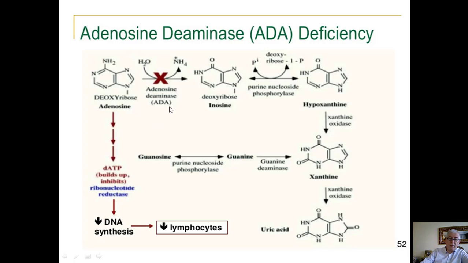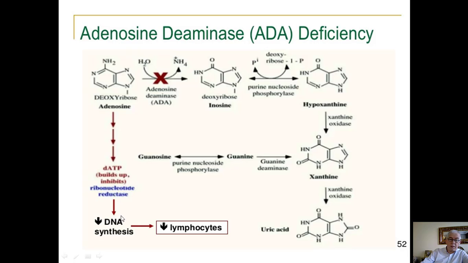But if you block adenosine deaminase, deoxyadenosine or adenosine levels increase in the cell, and this molecule goes step by step to deoxy-ATP. Deoxy-ATP is a very important inhibitor of the ribonucleotide reductase enzyme. It is one of the key enzymes for DNA metabolism, because this enzyme takes the phosphate form of a nucleotide and turns it to the deoxy form, and then to the deoxytriphosphate group as substrate for DNA polymerases.